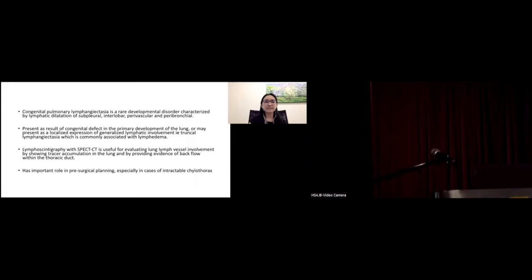Lymphoscintigraphy with SPECT-CT is useful for evaluating lung lymph vessel involvement by showing tracer accumulation in the lung and by providing evidence of backflow within the thoracic duct. It has an important role in pre-surgical planning, especially in cases of intractable chylothorax.